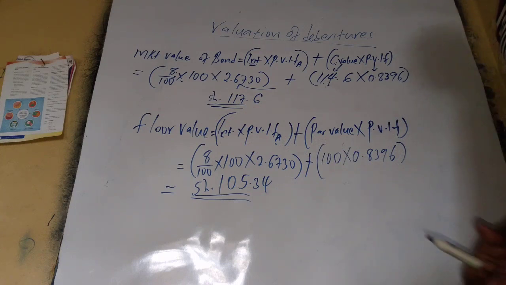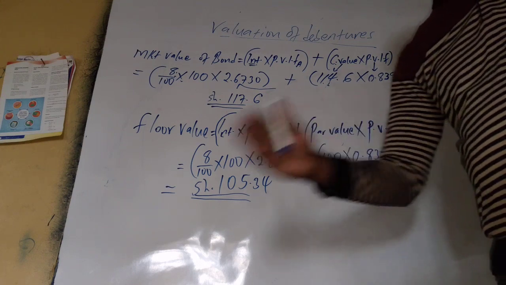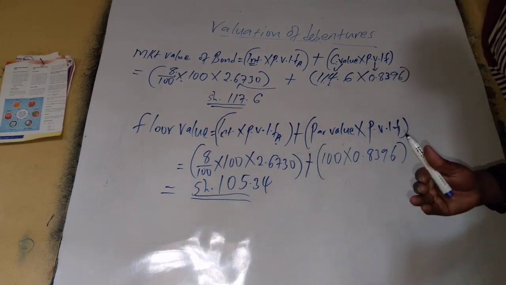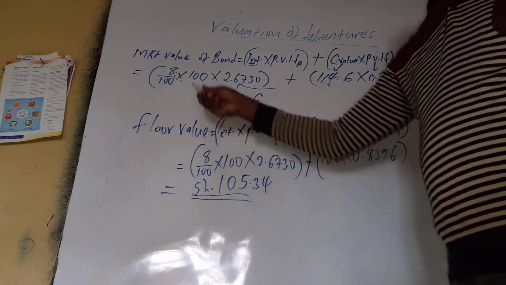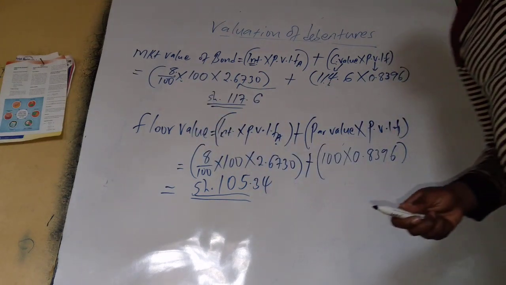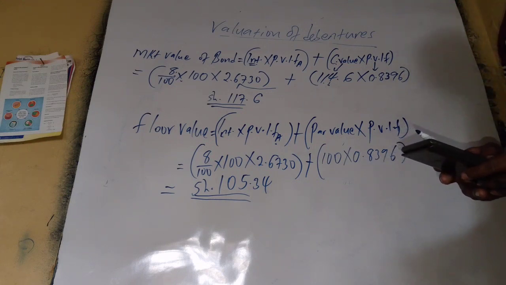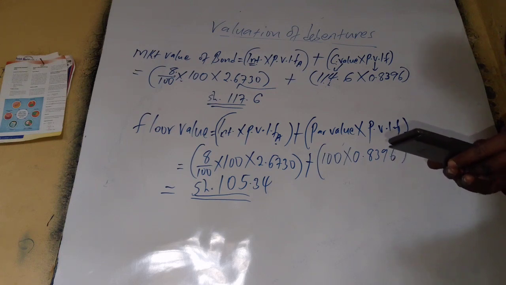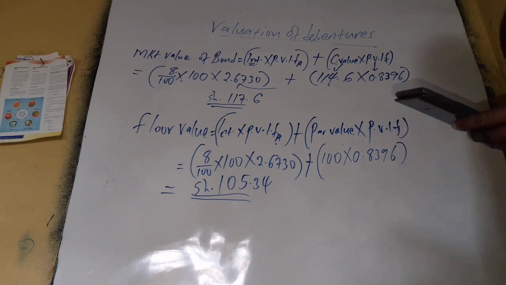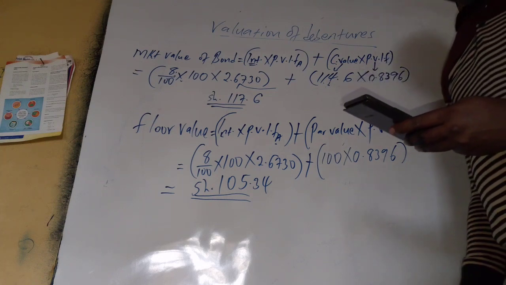At times, you might be required to compute the premium. Premium is the difference between the market value and the floor value. So if I was to compute the premium, I just take 117.6 minus 105. I'm getting a premium of shillings 12.256.